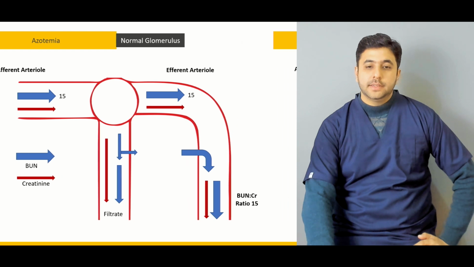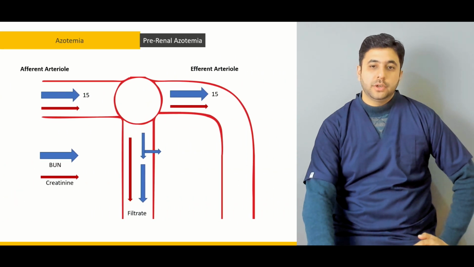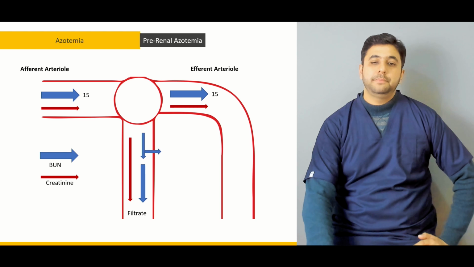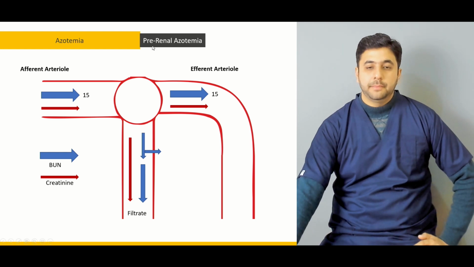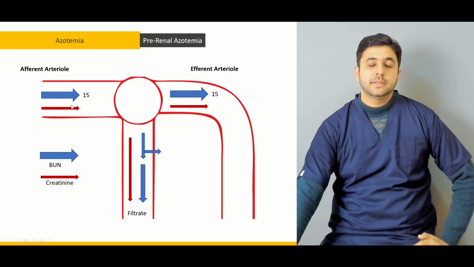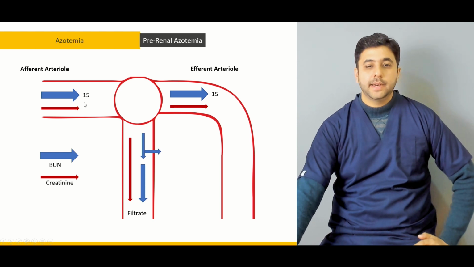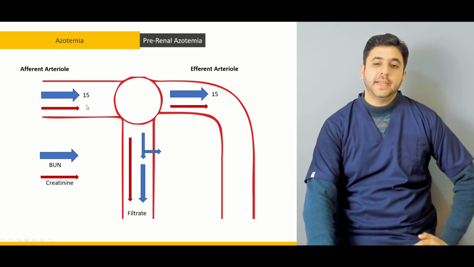Let's look at this detail in the context of azotemia or the pathologies. If someone has prerenal azotemia, for example someone with heart failure, hypovolemia or dehydration, then in the efferent arteriole, because both of these substances are decreasing in equal concentration, the ratio remains 15.